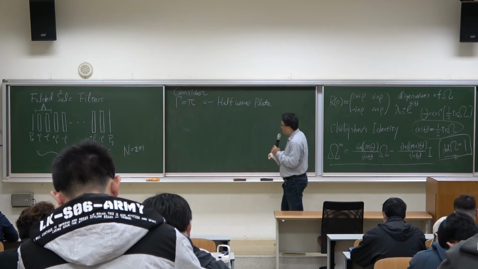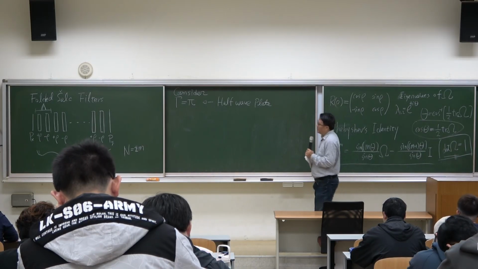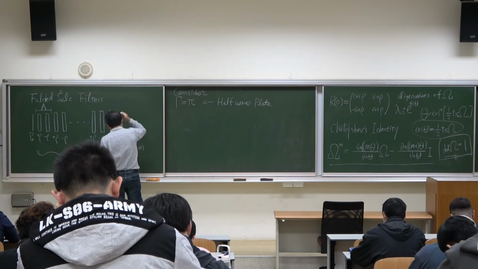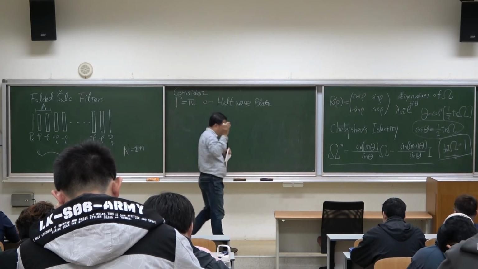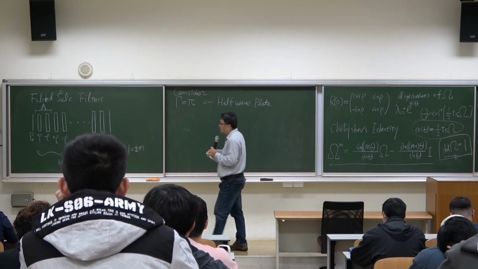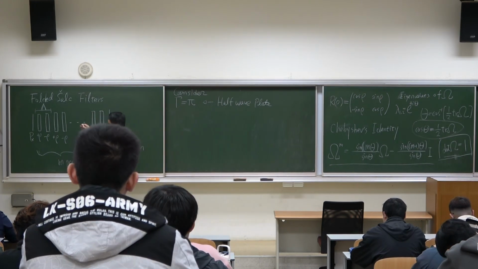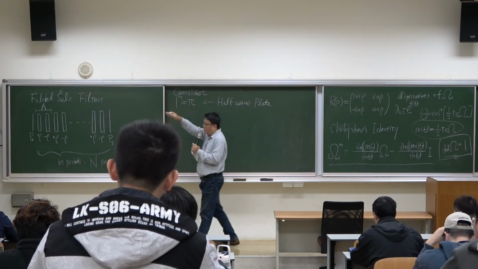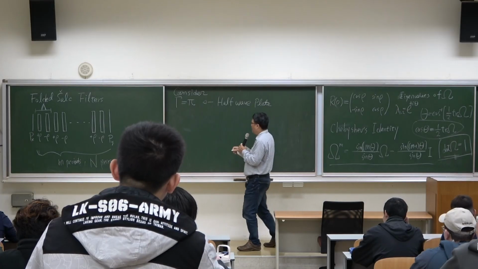Let's consider gamma equal to pi. Then, if we want the transmissivity equal to 1, how to do this? You see the effect of the orientations of these wave plates.